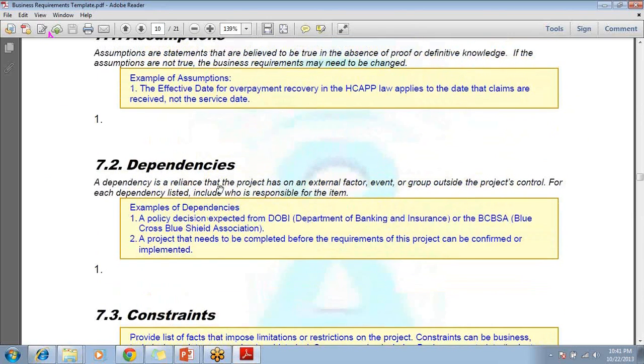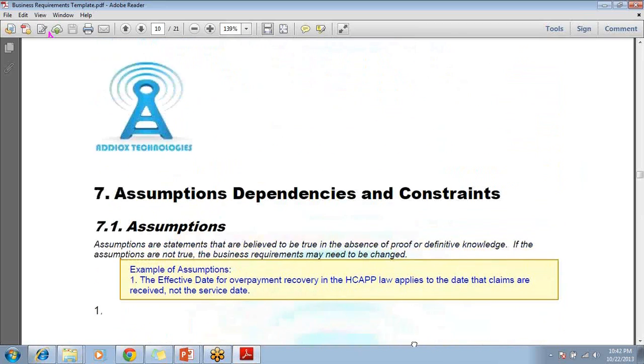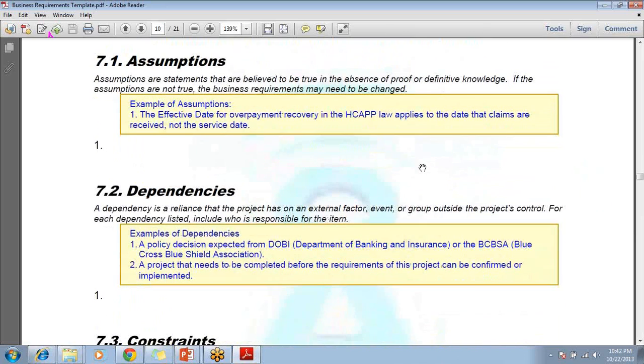What is a dependency? A dependency is a reliance that the project has on an external factor, event, or group outside the project's control. For each dependency listed, include the person who is responsible for that item. In the A, B, C example which I gave, B was dependent upon A, because unless A sends the data, B cannot process any work.